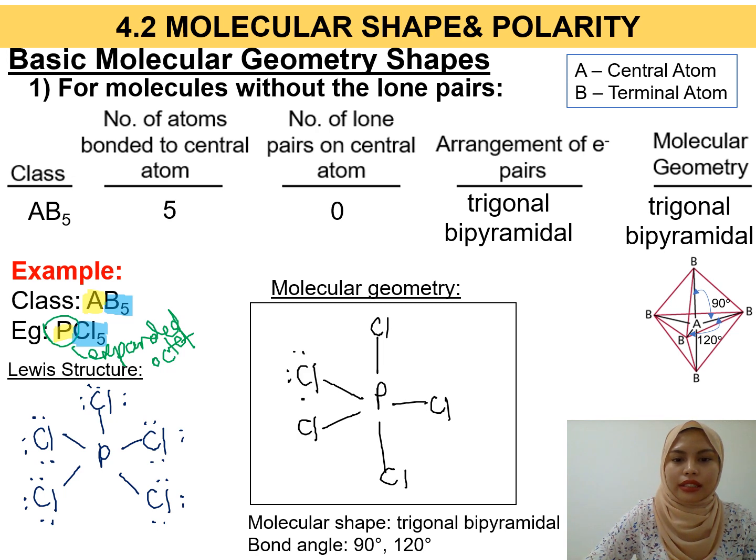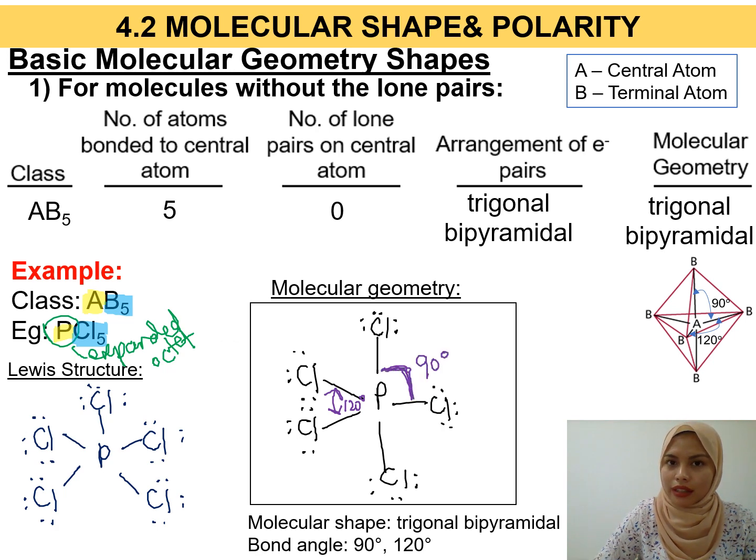So this is the shape of trigonal bipyramidal. And if you look closely here, the triangle here akan ada bond angle of 120 degree. Okay, tetapi this one akan ada bond angle of 90 degree.